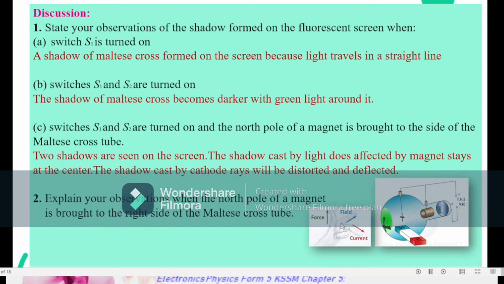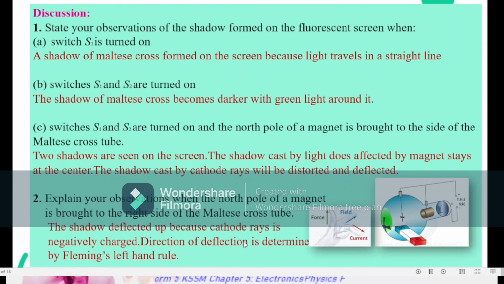So in this case, if you apply the Fleming's left-hand rule, you can find that direction of deflection is upwards. The shadow deflected up because cathode rays is negatively charged. Direction of deflection is determined by Fleming's left-hand rule.